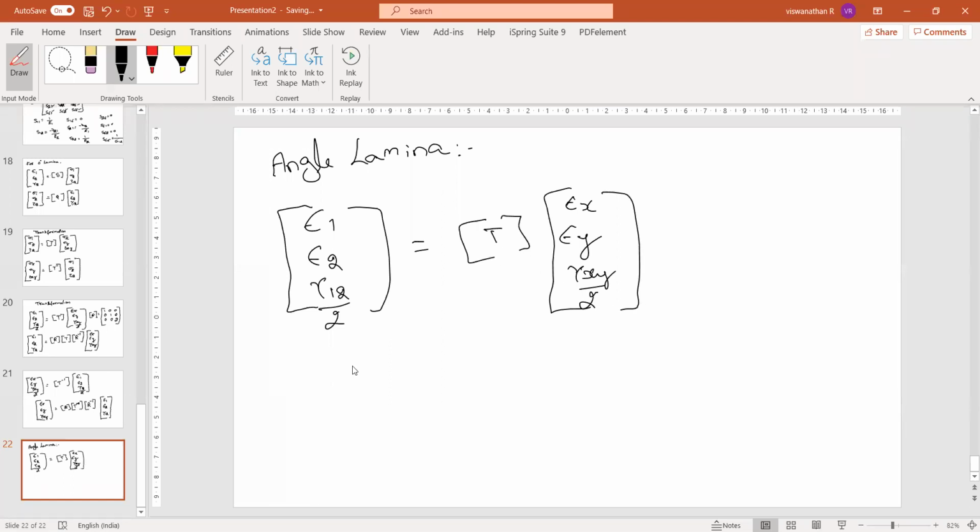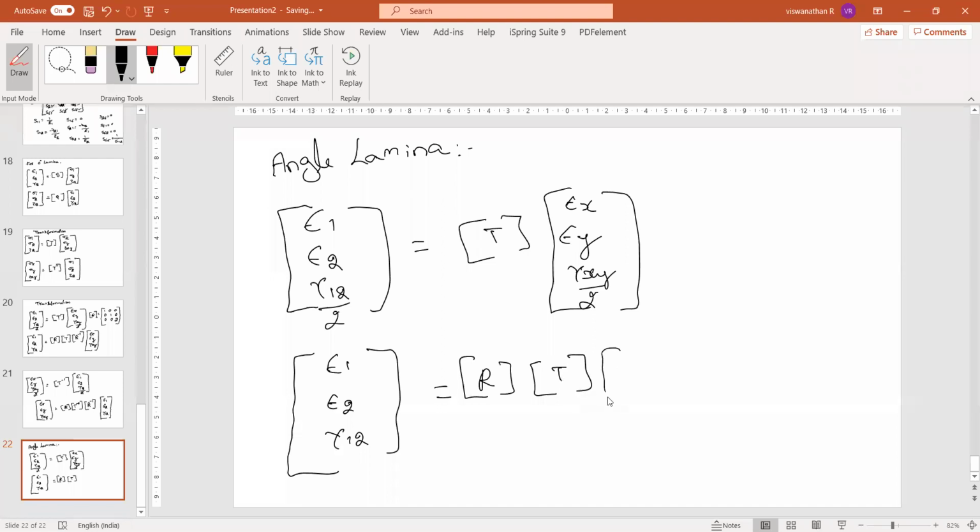Then instead of gamma 1 2 by 2 and gamma xy by 2, you write epsilon 1, epsilon 2, gamma 1 2 is equal to R T R inverse multiplied by epsilon x, epsilon y, and gamma xy.